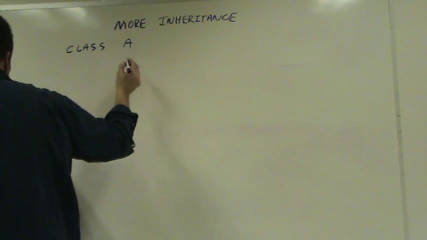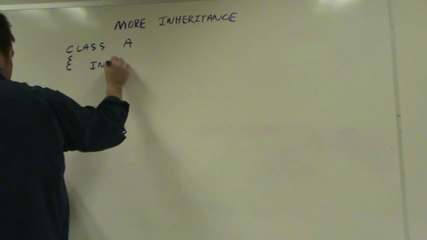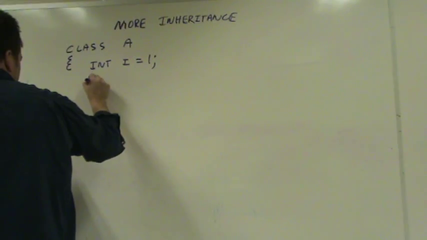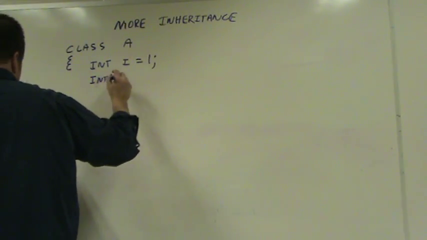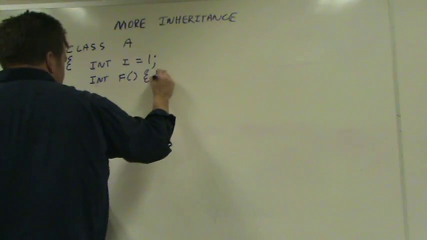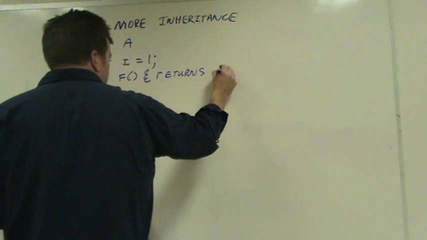So we have class A, which has an integer i equals 1, and then a function f, which returns i.